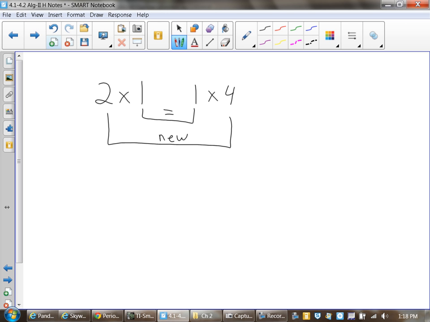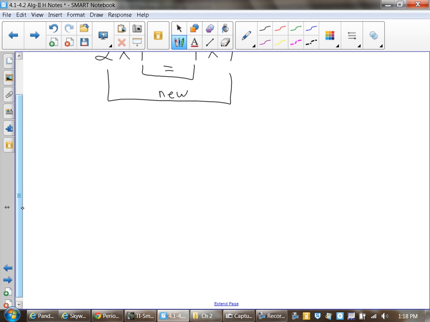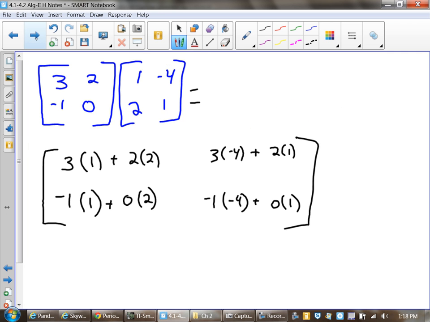All right? So when you have a 2 by 2 times another 2 by 2, do the columns match up with the rows? Yeah, that's equal. So the new one is going to have 2 rows and 2 columns.